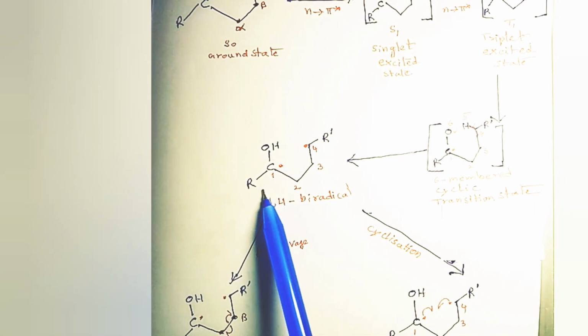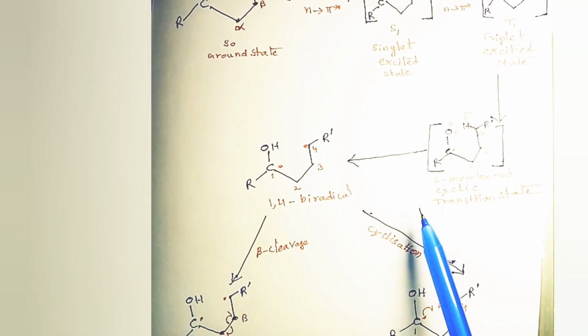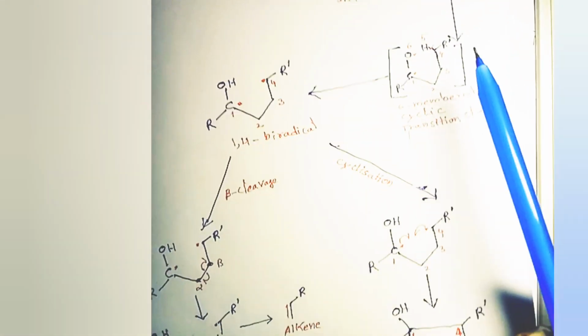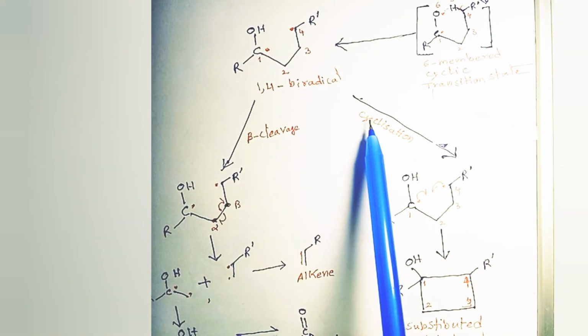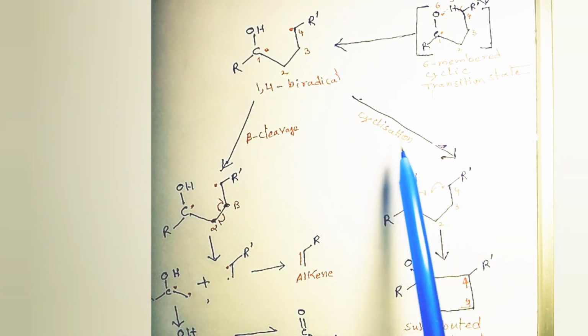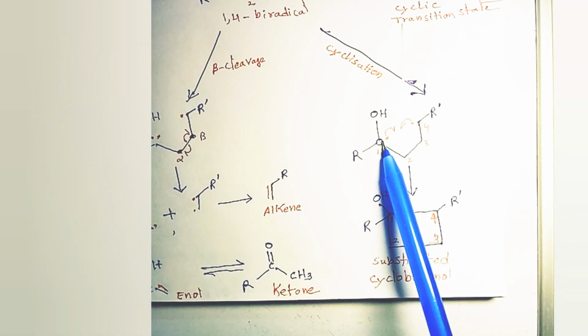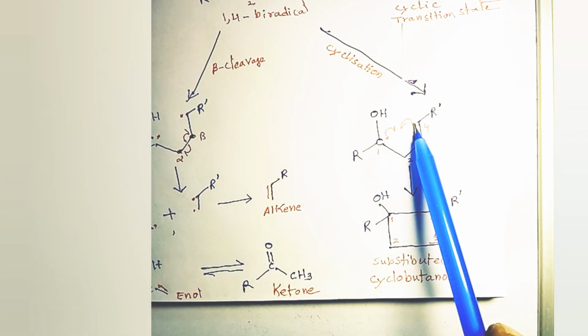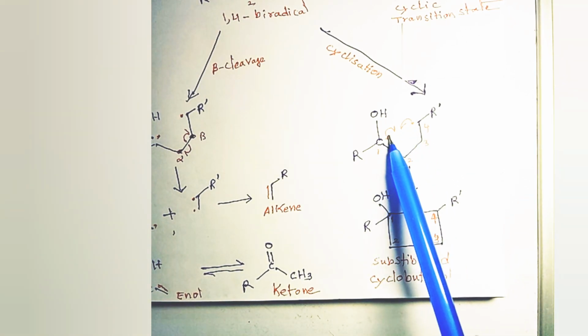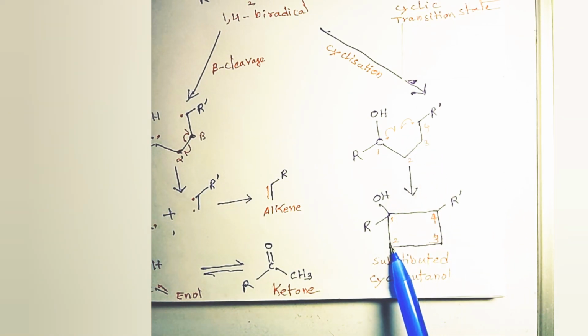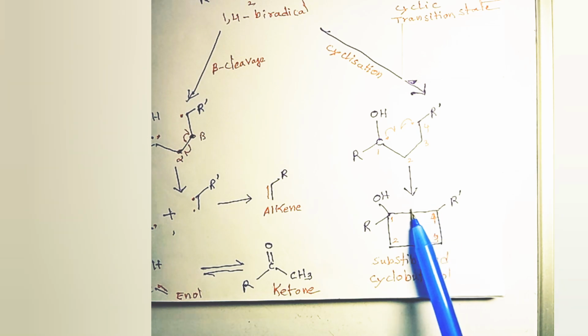Now this 1,4 biradical can undergo beta cleavage or cyclization. Let us see that. In cyclization, this radical and this radical will join together to form a new bond, forming a cyclobutanol.